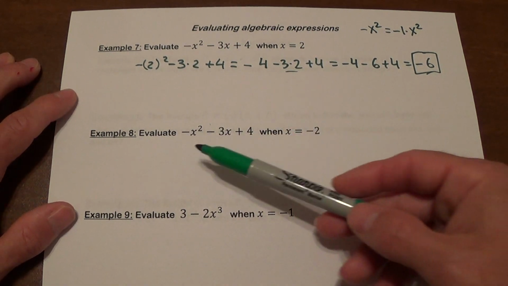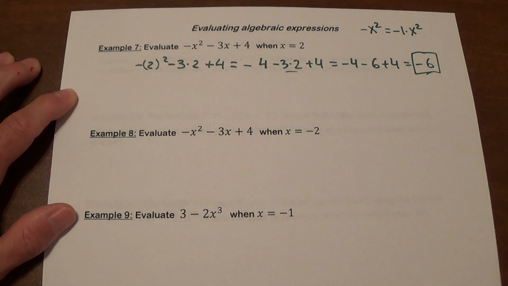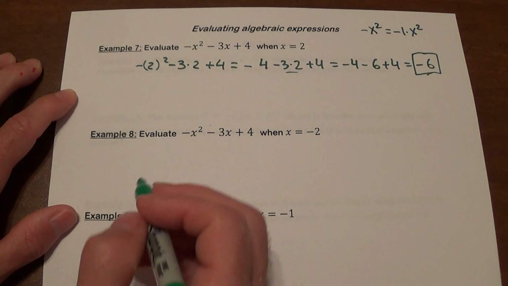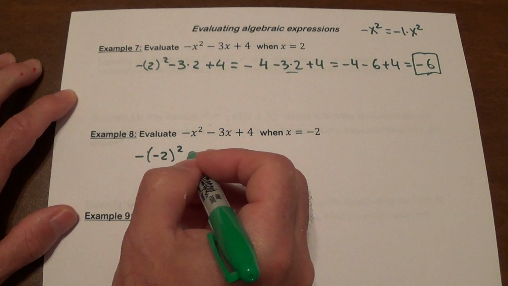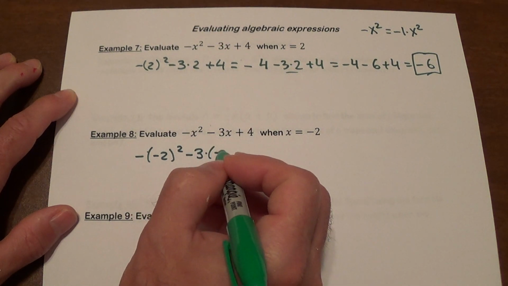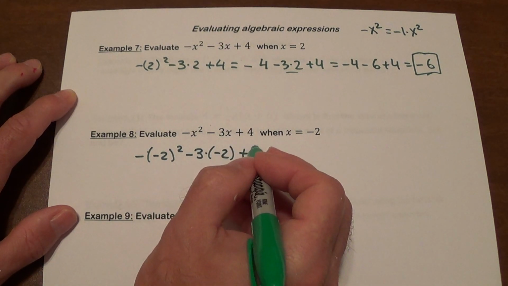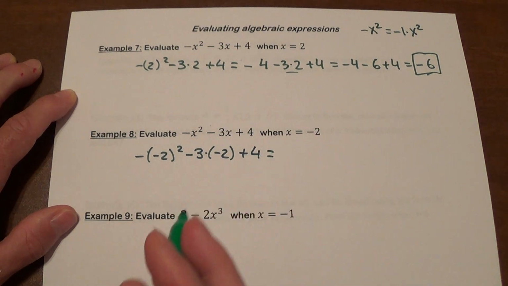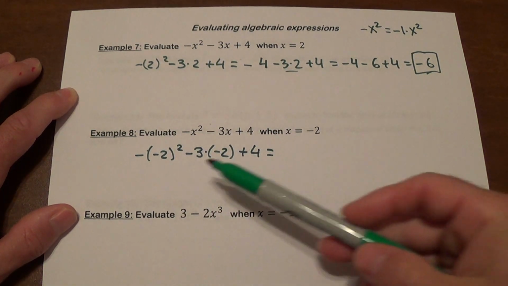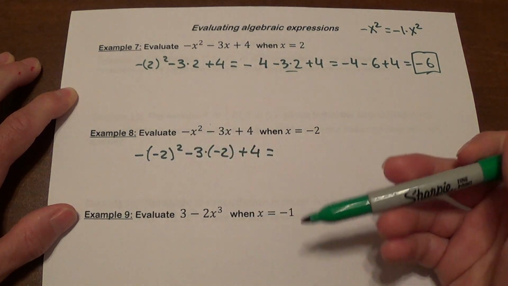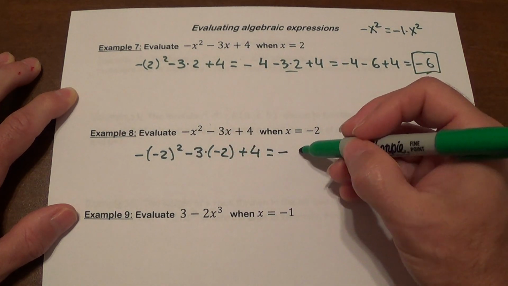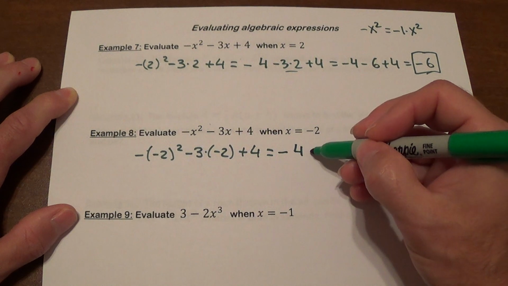So same expression, as you can see, but x is negative 2. So I'm going to write it the same way. It's negative times negative 2 squared minus 3 times negative 2 plus 4. Here, negative 2 squared still gives you 4. Negative 2 times negative 2 is 4, but we do have that negative in front, so that's negative 4.